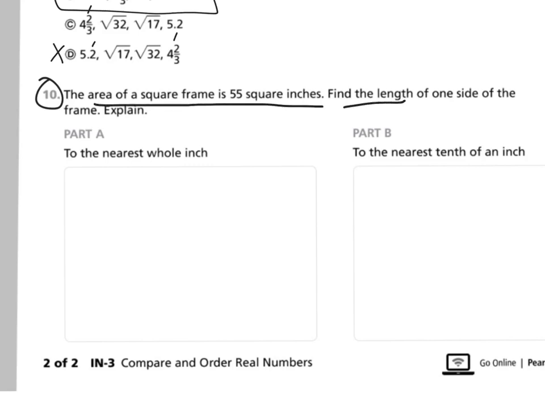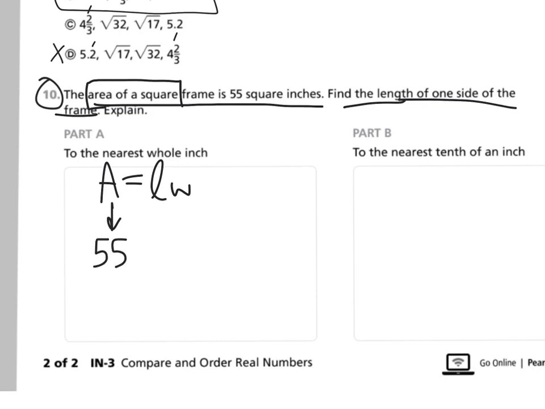Okay? Number 10, area of a square frame is 55 square inches. Find the length of one side of the frame. So we start out with the area of a square. To find the area of a square, we can do length times width. We know our area was 55, so we're thinking of two things we could multiply together to get 55.